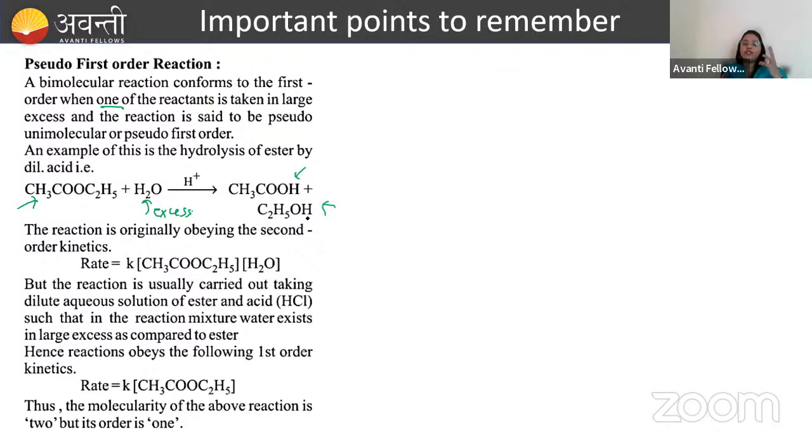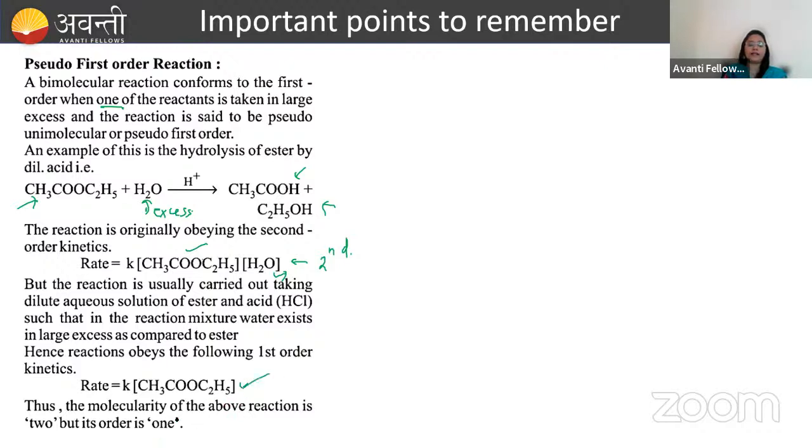So when we talk about the rate of this given reaction, it only depends upon this. Even though you are writing like this, the rate only depends upon this because one of the reactants is in excess amount. So when you write the rate, you are observing that the reaction is second order. But since H2O is in excess amount, the rate doesn't depend upon the amount of H2O. So that's why when you write the rate now, it is looking like a first order reaction.